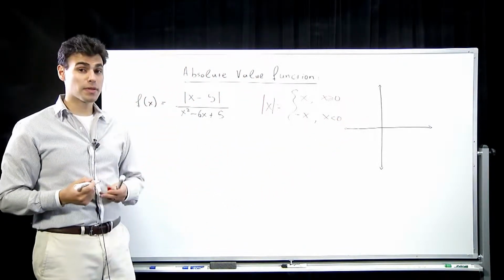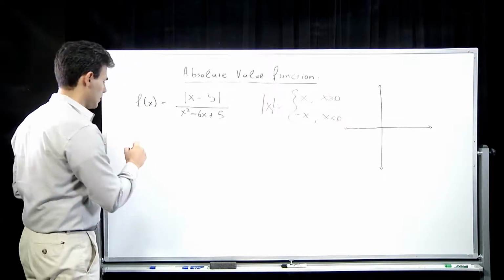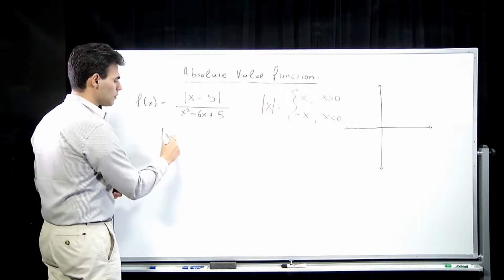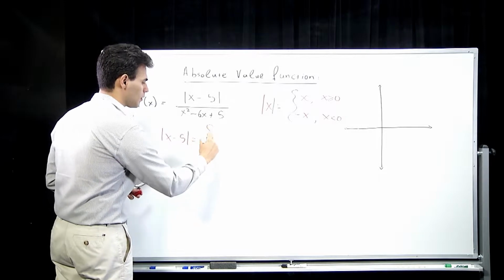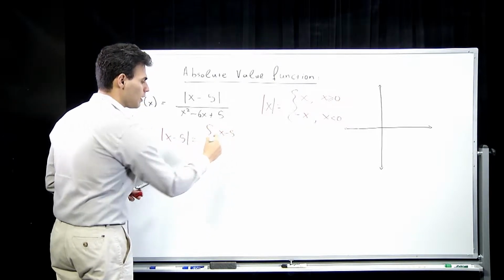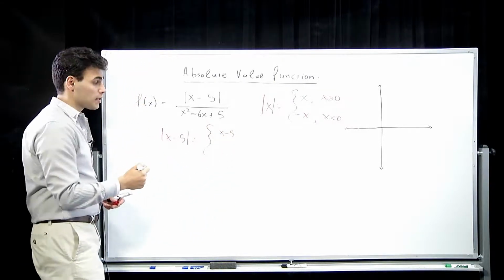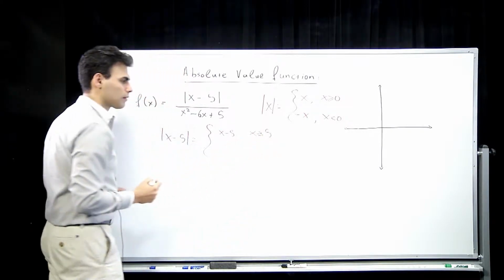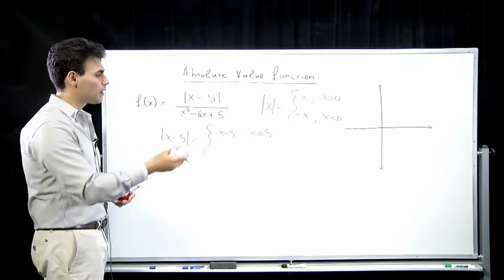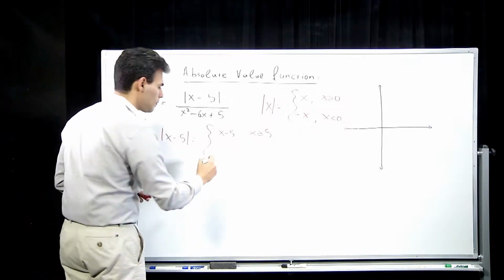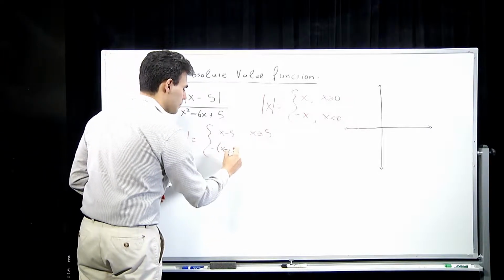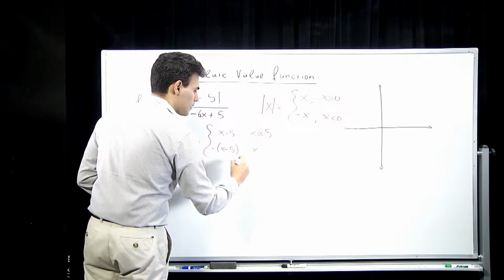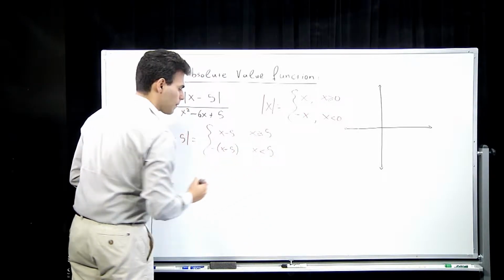For instance, this absolute value of x minus 5 can change into x minus 5 if the inside of the absolute value is positive, therefore x greater or equal to 5. Notice that if x is greater or equal to 5, then x minus 5 is positive. And it becomes minus (x minus 5) if x is smaller than 5.